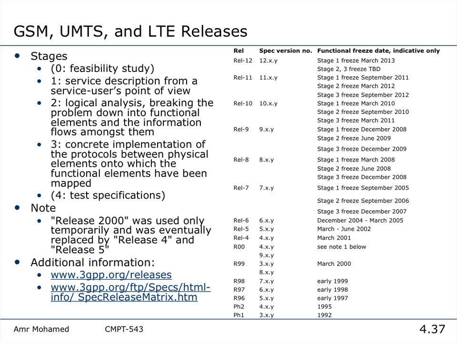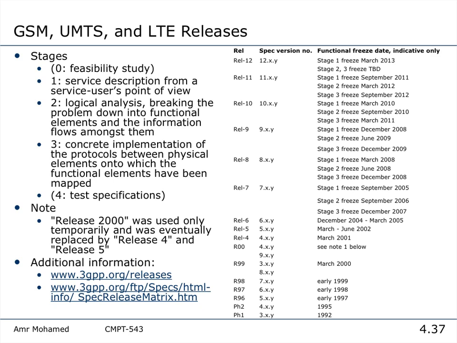As we will see, it did not happen until release 5 that there was really a convergence to an all-IP network. Because if you see the architecture for GPRS, it still maintains circuit switching and packet switching. So it's not pure IP.